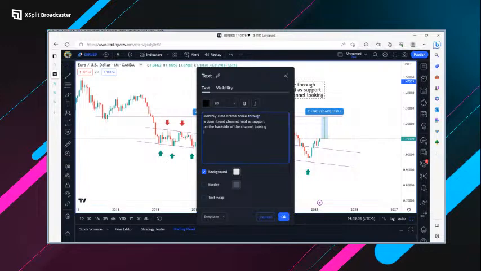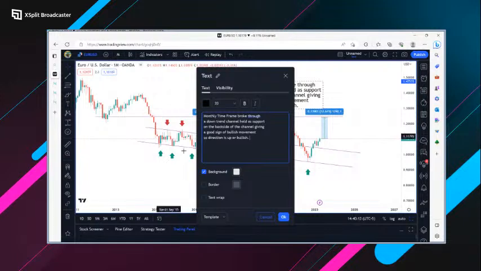Trendline held as support on the backside of the channel, giving a good sign of bullish movement. So direction is up, or bullish.